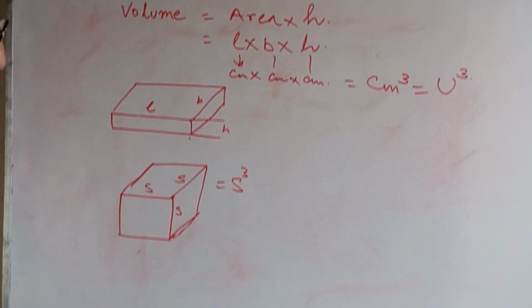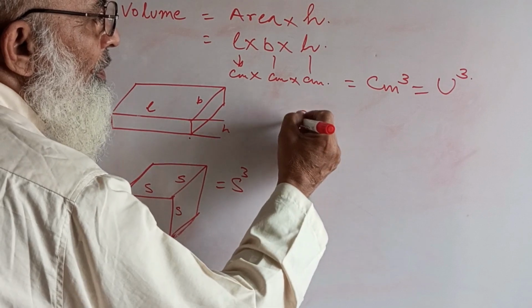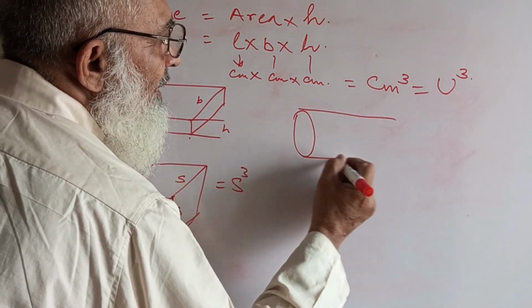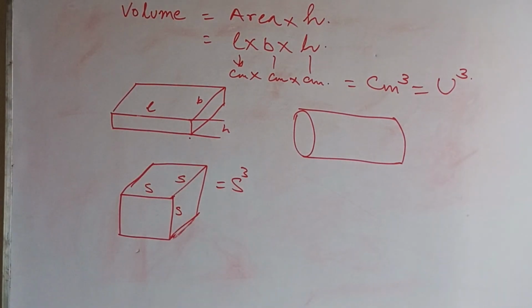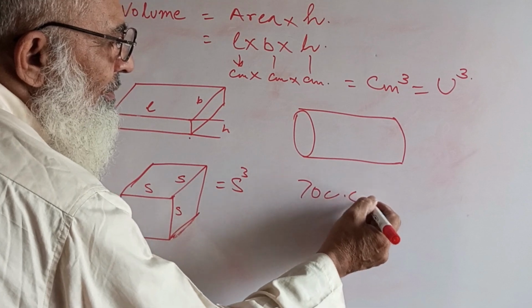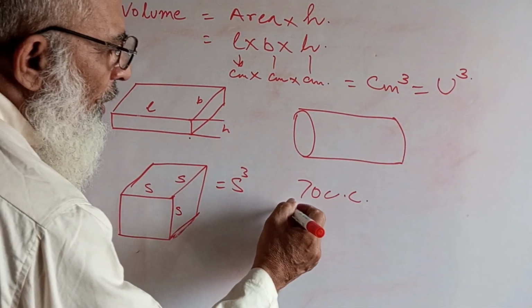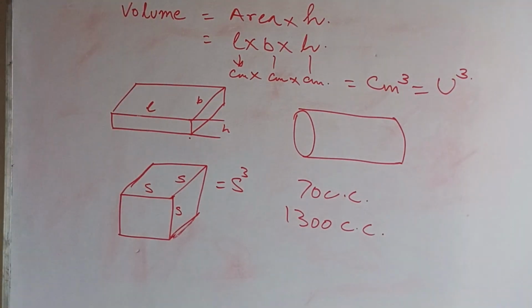And for the cylinder, now this is the cylinder. You know that your cars and your motorbikes, it is written 70 cc. For a car, it is written 1300 cc.